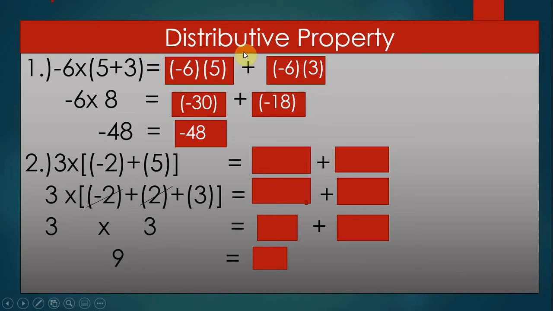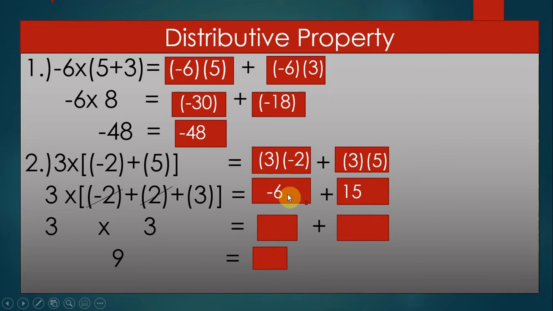But when we use the distributive property, this is how we do it. We will distribute 3 times negative 2 and 3 times positive 5. The operation is addition. So 3 times negative 2 plus 3 times 5. 3 times negative 2, expect the answer is negative because they have different signs. So the answer is negative 6. 3 times 5, the answer is 15.